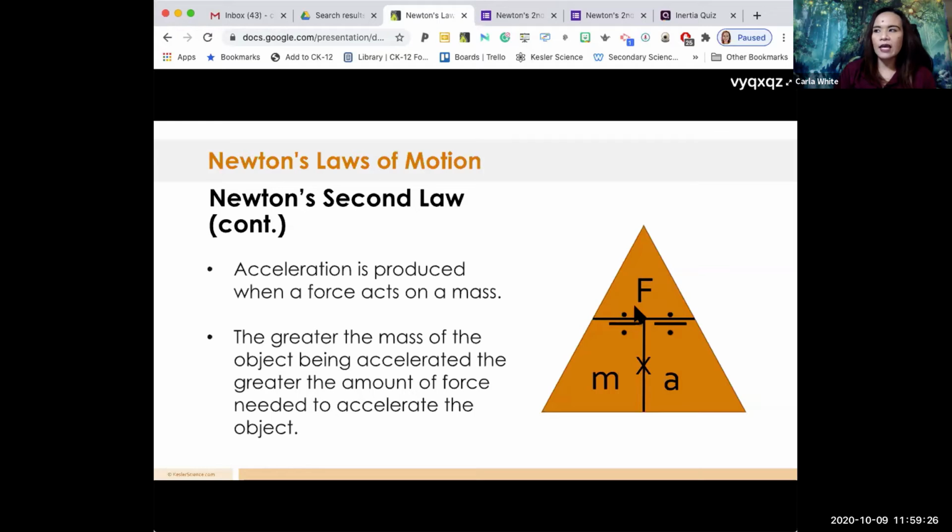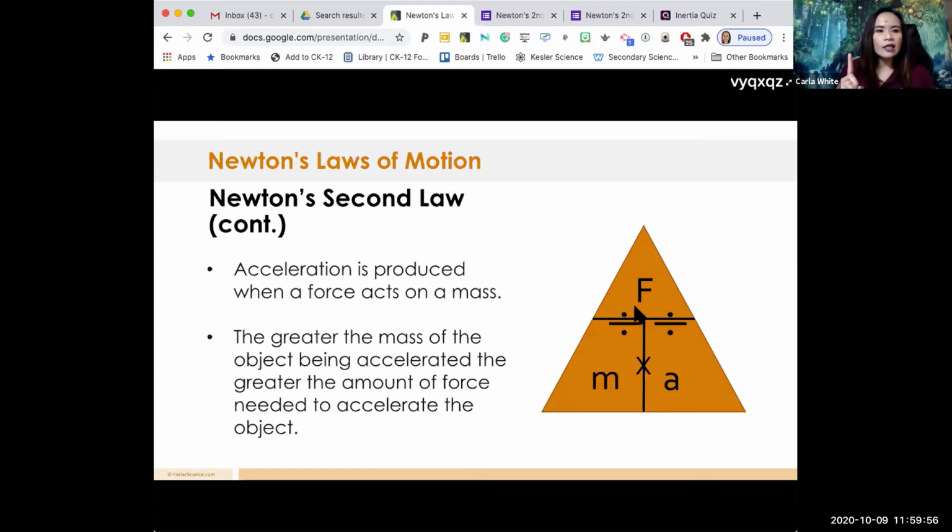The mass and the acceleration. So what operation is in between the mass and the acceleration? What math operation is in there? Correct. That's right. So that's why if we are looking for force, meaning we cover up the force because that's the one missing, we can get the force by multiplying the mass and the acceleration of the object.